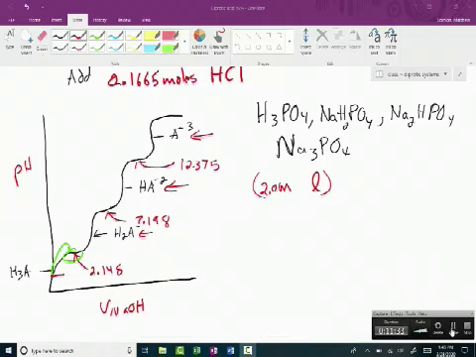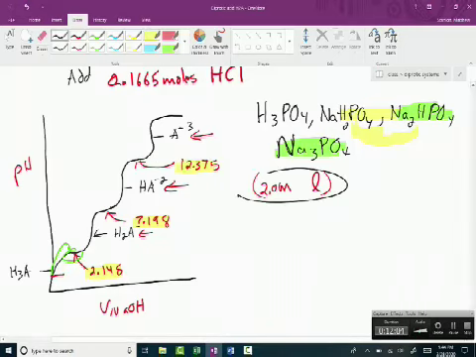H3PO4 and NaH2PO4 have a pKa of 2.148, and if I'm between these two right here, that gives me a pKa of 7.198, and if I'm between the sodium phosphate and sodium hydrogen phosphate, I end up with a pKa of 12.735. So I can go anywhere, from anywhere to anywhere.